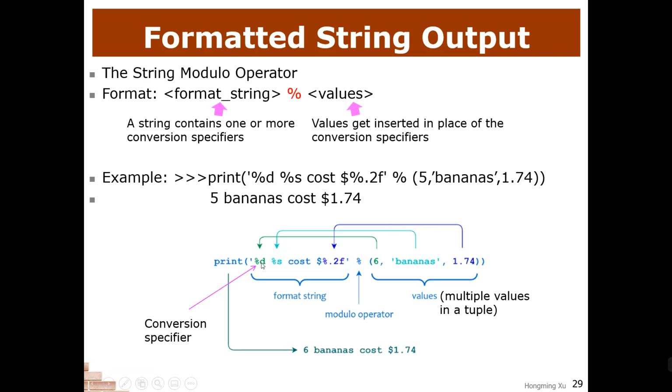Correspondingly, this modular d corresponds to this integer 5, and this s corresponds to the string variable bananas, and this .2f corresponds to this floating point number. This is the form I used to format the string, and this one is the modular operator. Here, inside this tuple are three values.